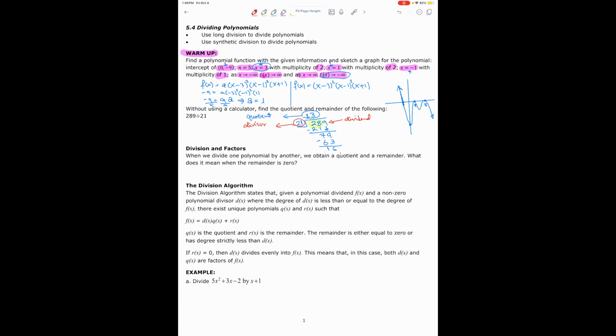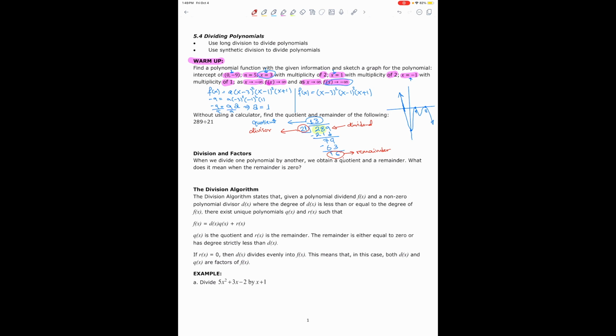And then this number right here is the remainder. So we can rewrite this expression as 13, which is the quotient, plus the remainder over the divisor. So we can basically write it like that.